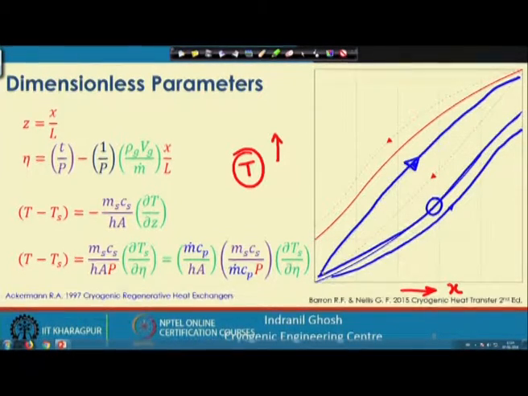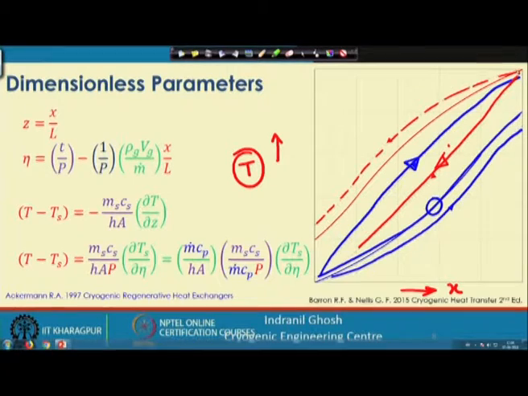On the other end, we find that the cold stream is initially flowing from this end at the beginning of the cycle like this, and as time passes, by the end of the cycle it will come to this condition, whereas the matrix will be in this region.